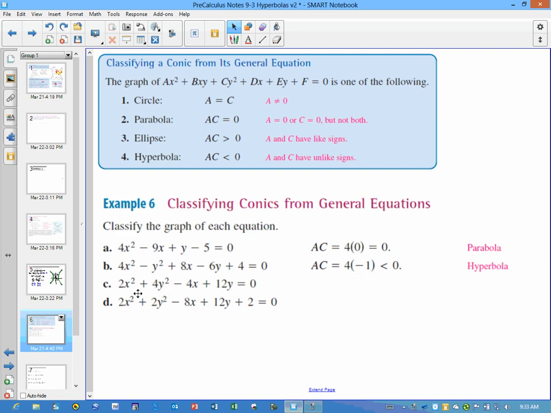The next one, they have the same sign, so A times C is going to be positive, and that gives us an ellipse. And the last one, they have the same sign, but they're also the same number, which makes it a special type of ellipse. So A equals C, and therefore we have a circle.